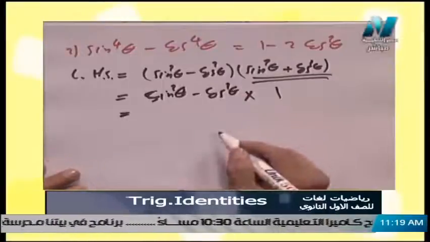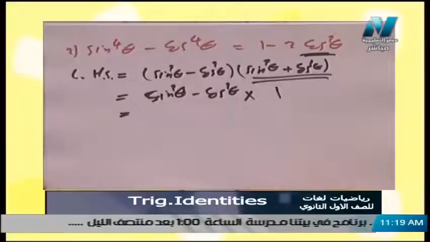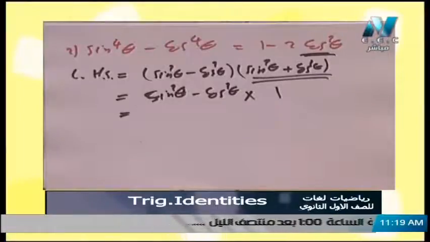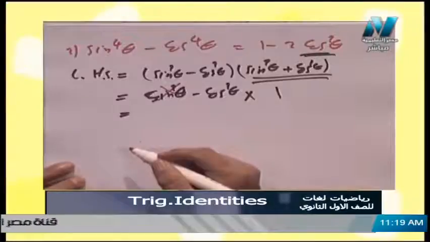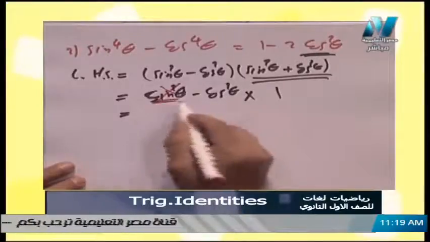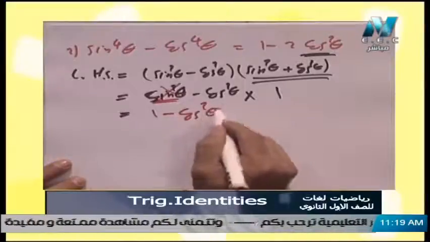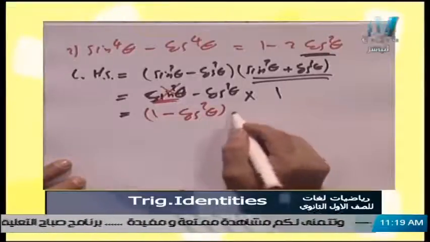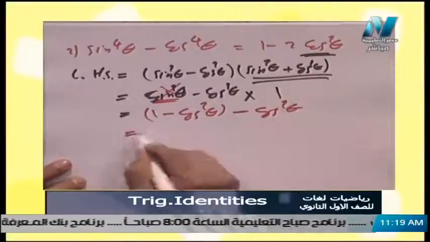Okay, and we want what? We want only cosine power 2 theta, so we must omit this part which is sine. We can substitute sine power 2 theta by 1 minus cosine power 2 theta, minus cosine power 2 theta as it is.